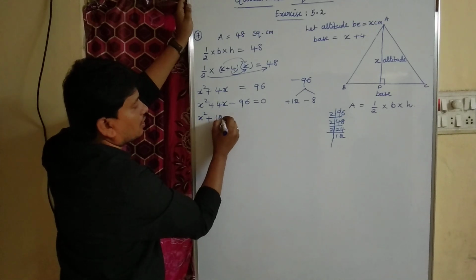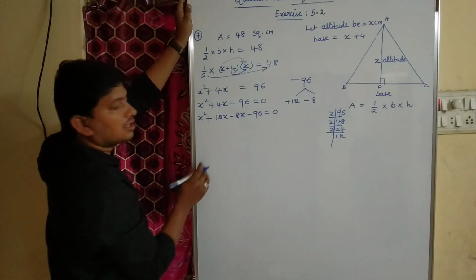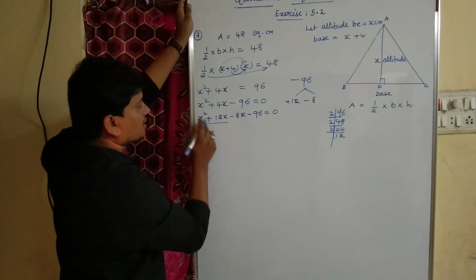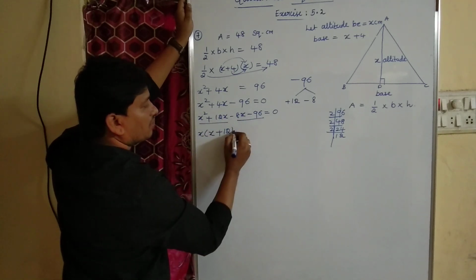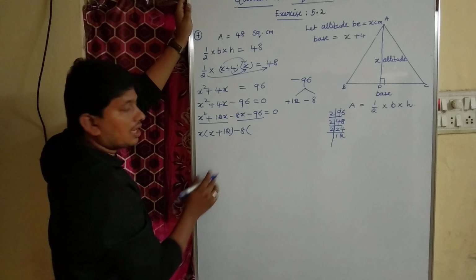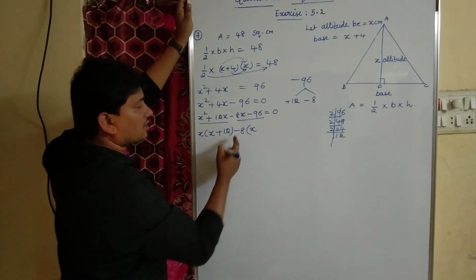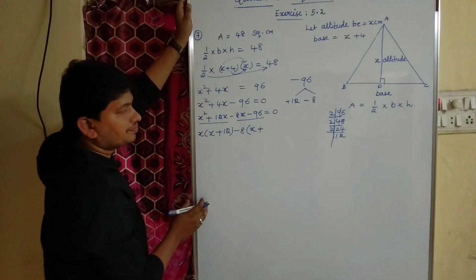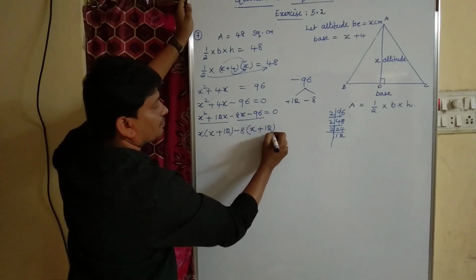x square plus 12x minus 8x minus 96 equal to 0. From these two terms I can take x as common: x into x plus 12, 12x. From these two terms I can take minus 8 as common: minus 8 into x plus 12.